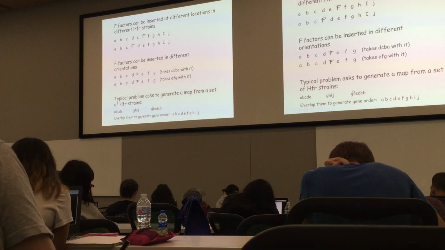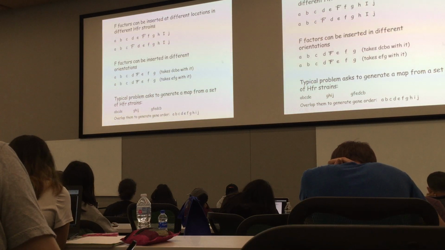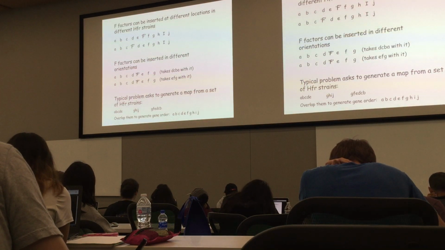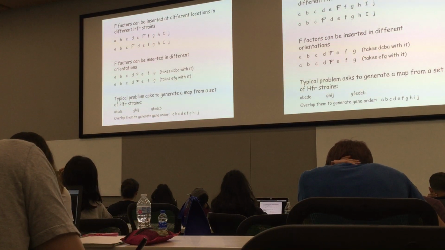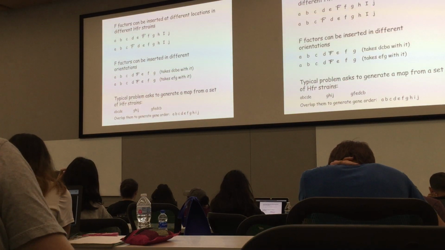So things that you might think about or worry about would be, can you make a circle, right? If you're given a set of Hfr strains and marker transfers and so forth, can you link all the genes all the way around in a circle, or is it just a line and the ends, you're not sure what's going on, right?